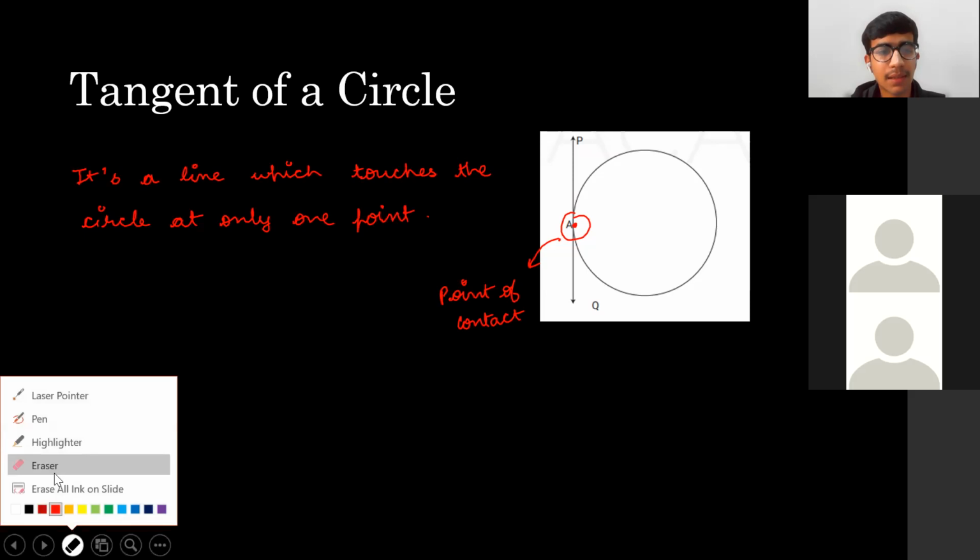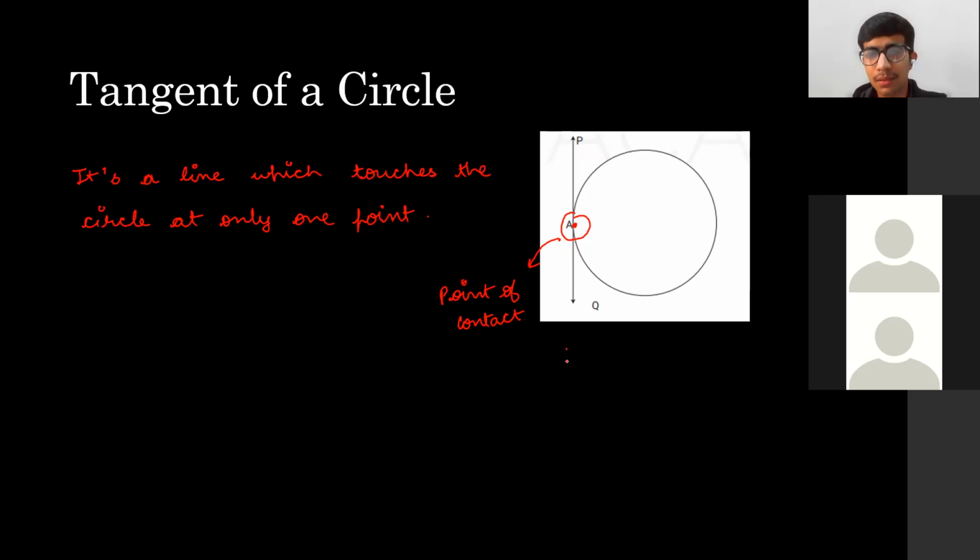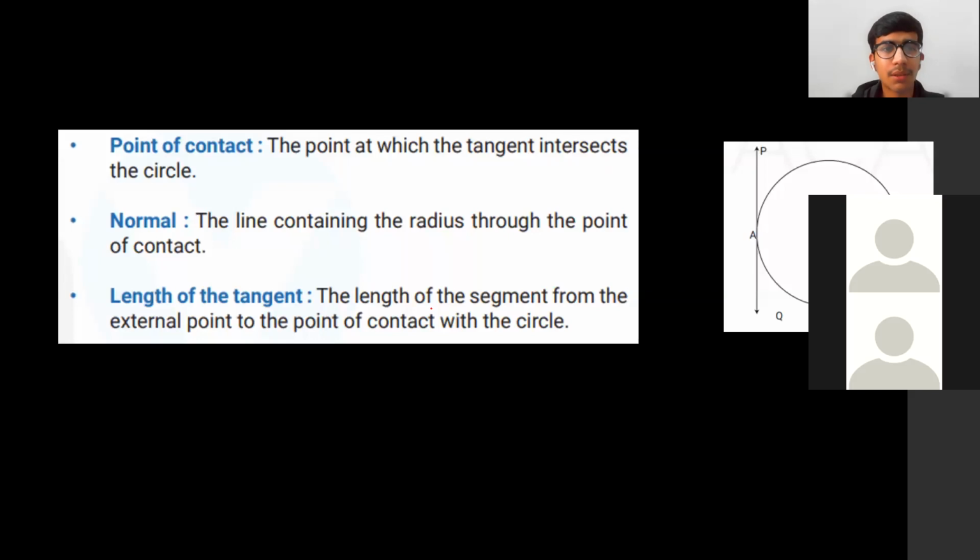You can say that this line PQ is the tangent, and A is the point of contact, right? Let's move on to some more terms related to the tangent. The point of contact is the point at which the tangent intersects the circle. That will of course be a single point, so this point is known as the point of contact.